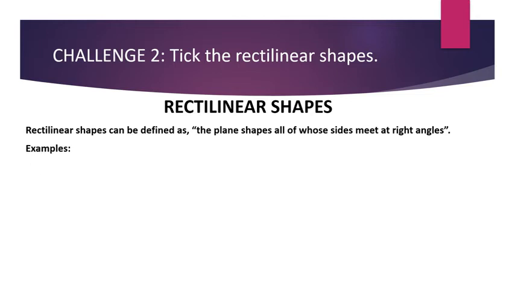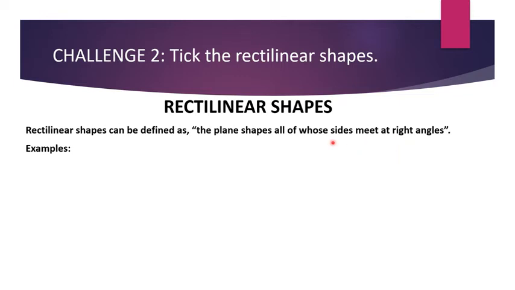Rectilinear shape can be defined as the plane shapes all of whose sides meet at right angles. It means the shapes with plane surface and whose sides meet at right angles.